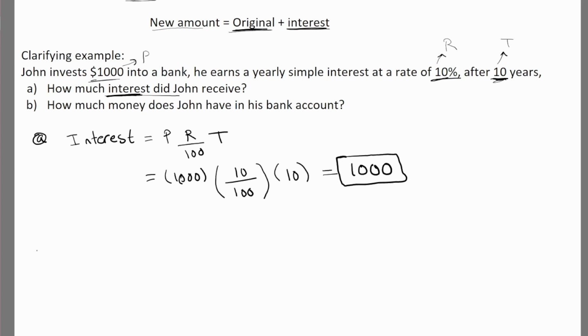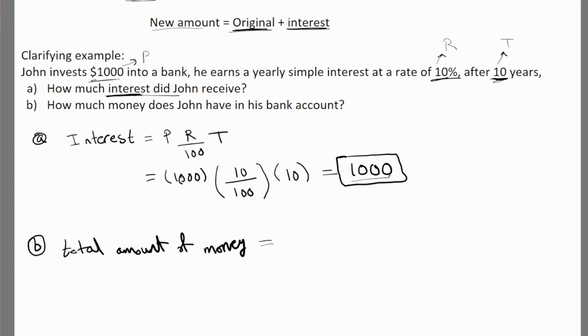Now, part B. How much money does John have in his bank account? Okay. So we want the total amount of money. So basically, as I said previously, the interest he receives is $1,000, okay?